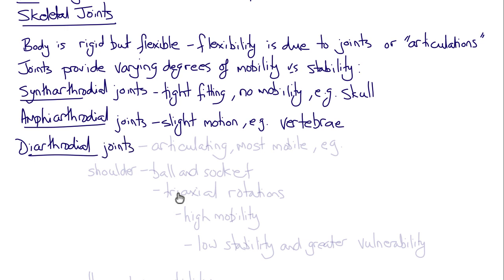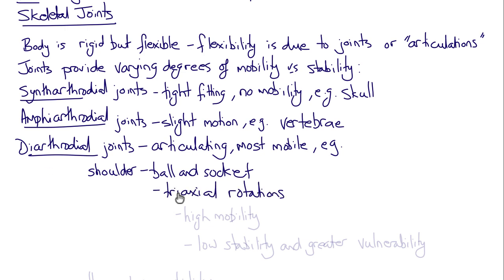cartilaginous and ligamentous tissue. And then there are diarthrodial joints that are the articulating joints that have the most mobility and include the shoulder joint, which is a ball and socket joint allowing triaxial rotations and high mobility, but therefore suffers from low stability and greater vulnerability to injury.